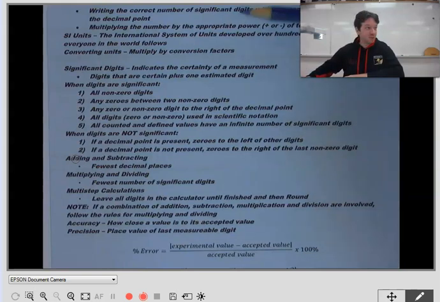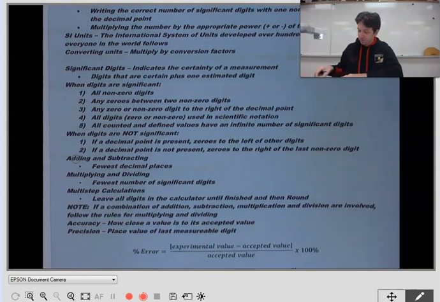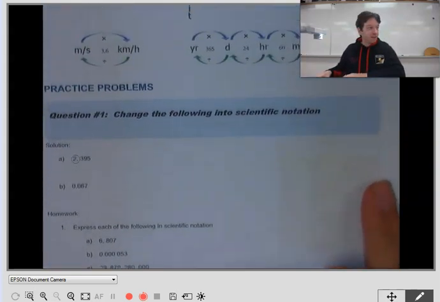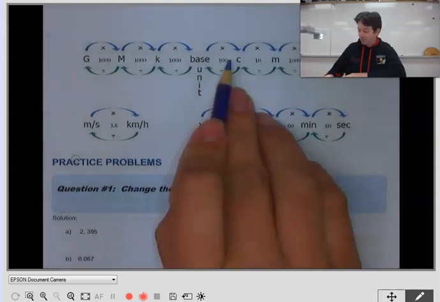One, this is the summary, and two, remember the PowerPoints are all posted on your Google Sites, which is linked from your Google Classroom. I'll go over this picture later when we're converting units.